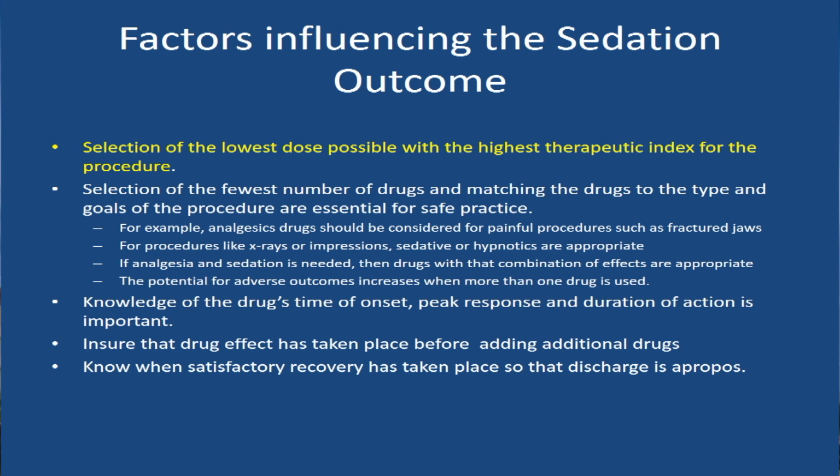For example, analgesic drugs should be considered for painful procedures such as fractured jaws or tooth extraction. For procedures like x-rays or impressions, sedatives or hypnotics are appropriate. If analgesia and sedation are needed, then drugs with that combination of effects are appropriate.